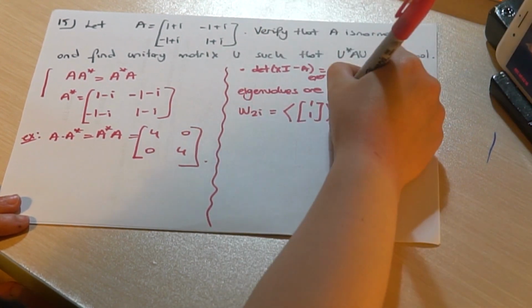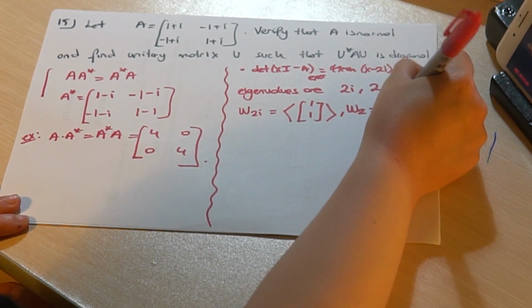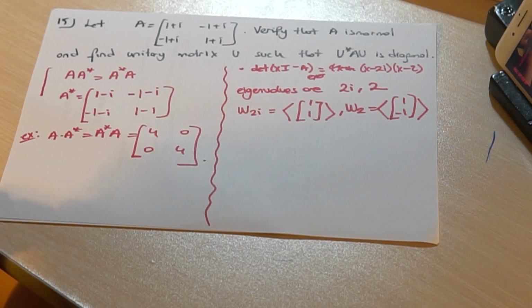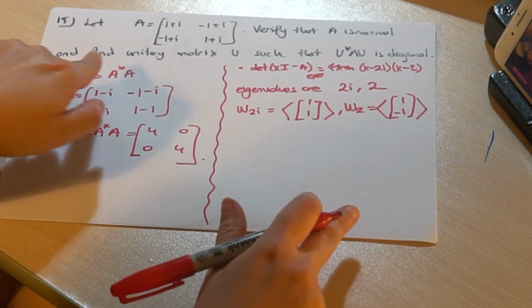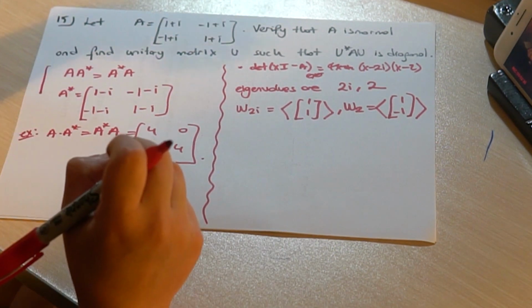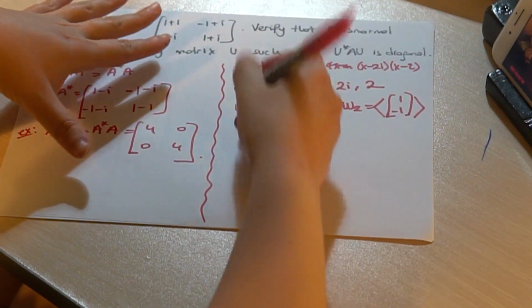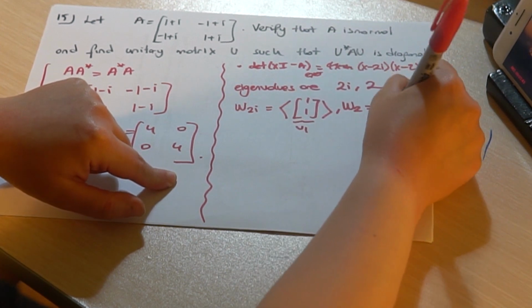Exercise again these ones. Lambda 2 will be (1, minus 1). Now, these are two spaces. But since we want to find a unitary matrix U such that it's diagonal, let's say this is V1 and V2.